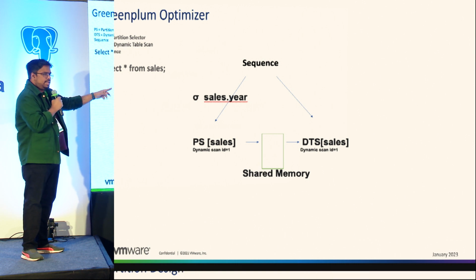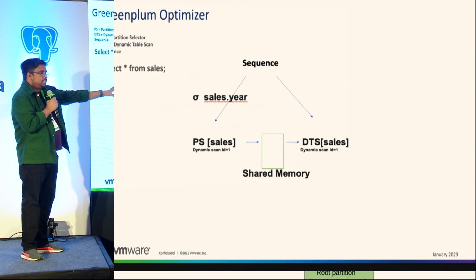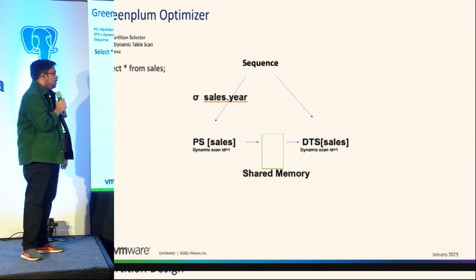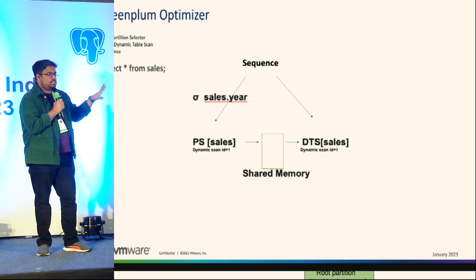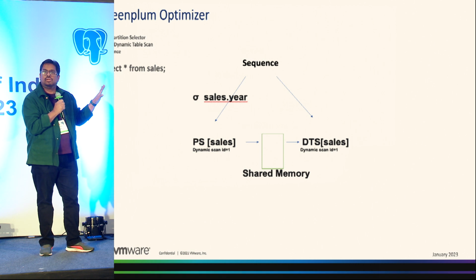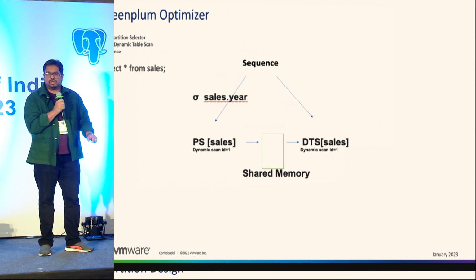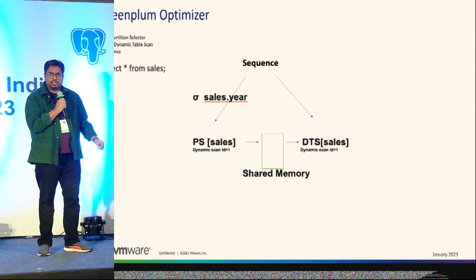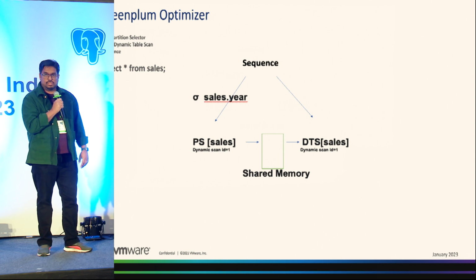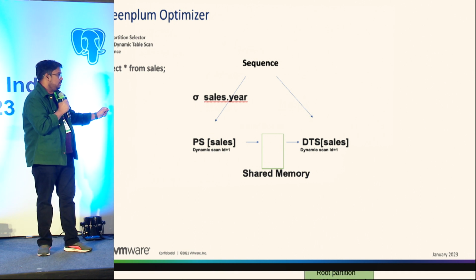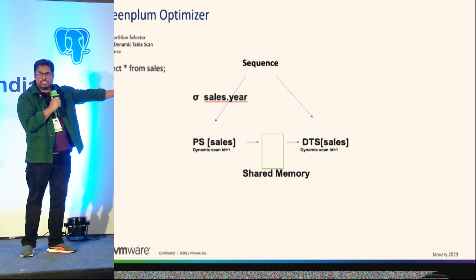It takes all the metadata information from the PG catalog and loads it into shared memory. It creates a hash table in shared memory, in a key-value format, and loads all the partitions in that table. It says that in this case we need to look at all the 10 partitions in sales, and this has to be forwarded to the next step, which is your dynamic table scan.